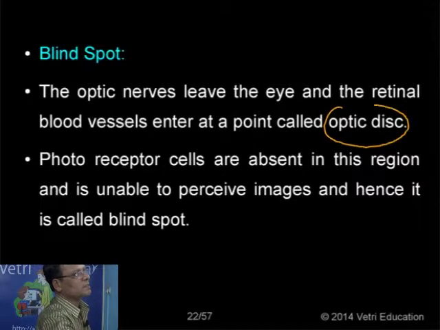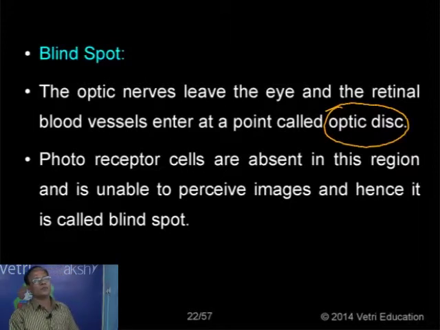As this region is devoid of photoreceptor cells, it is unable to perceive images, hence it is called the blind spot. So the blind spot is the optic disc region where the optic nerve leaves and the blood vessels enter, where there are no rods and cones. That is why there is no perception of images at this point.